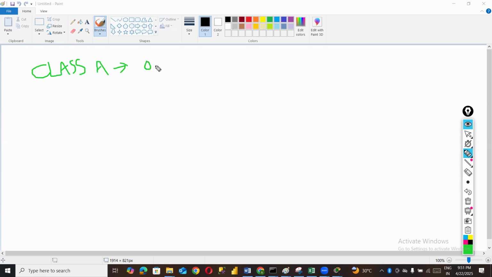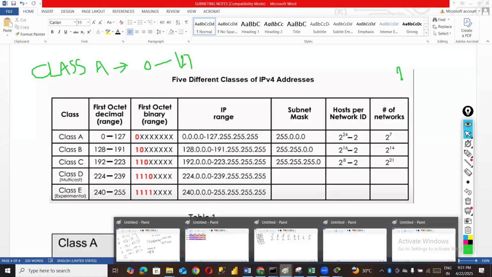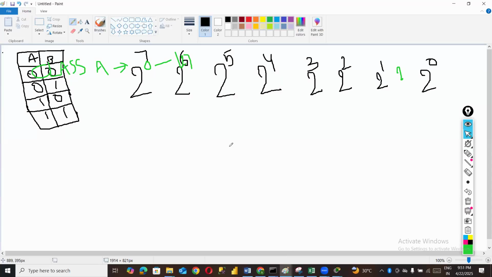We discussed, 0 to 127. Okay, so now we have to calculate like this. 2 power 0. I think I noted somewhere here. I'll show you instead of writing again.